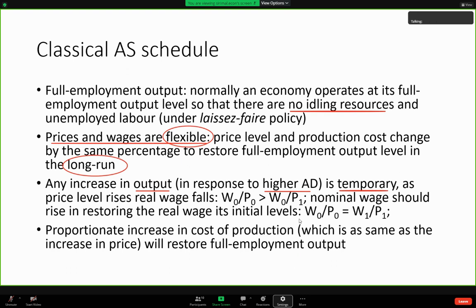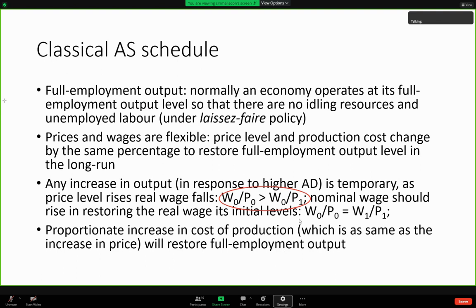Any deviation from the natural output level in the economy is temporary, because after some time, the price level starts responding to whatever those things that happen. For example, I have given here, you can see it here.